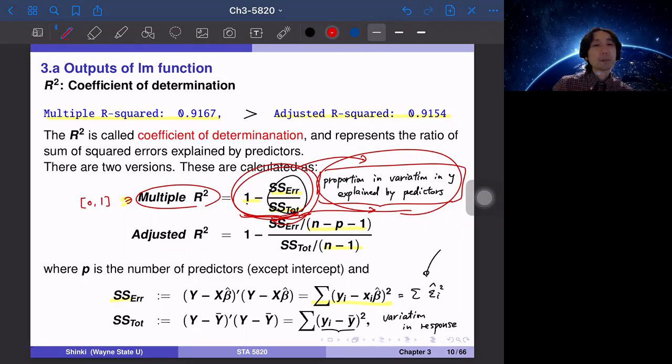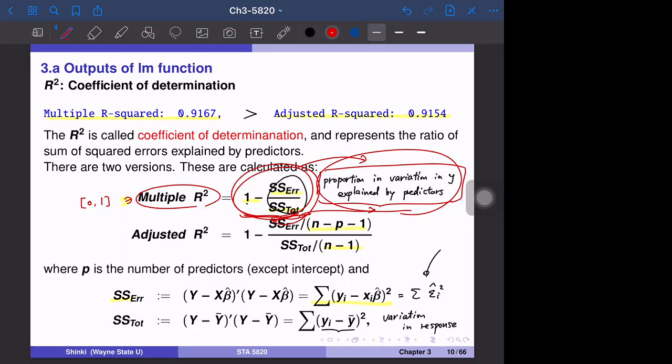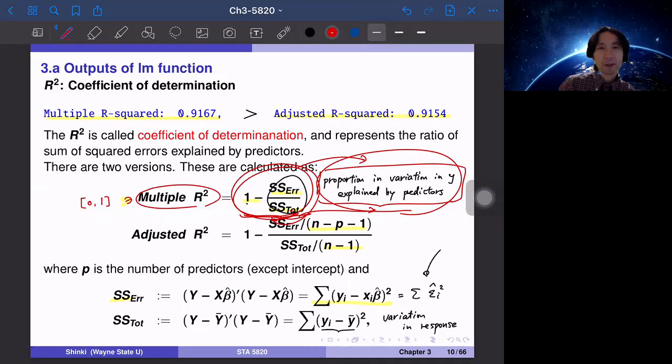Can it be negative? Can it exceed 1? Anyone? Have you ever seen a negative adjusted R square?